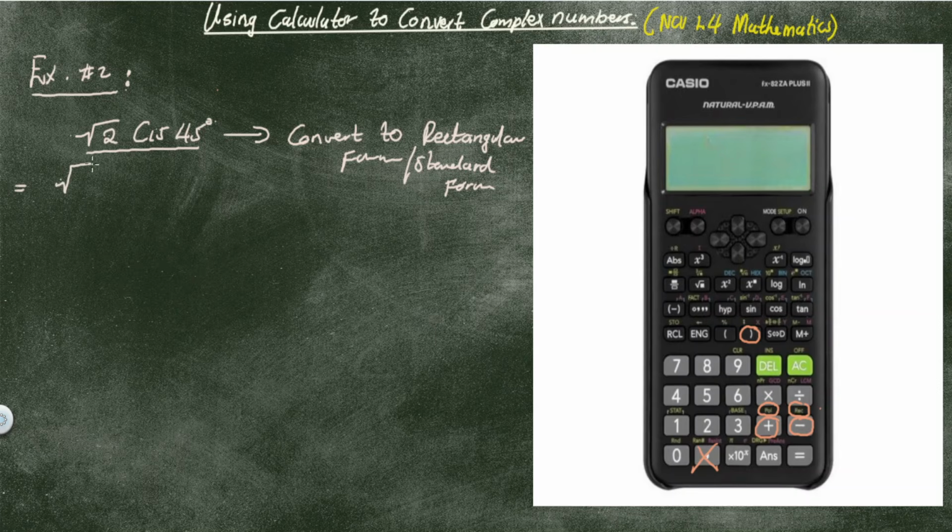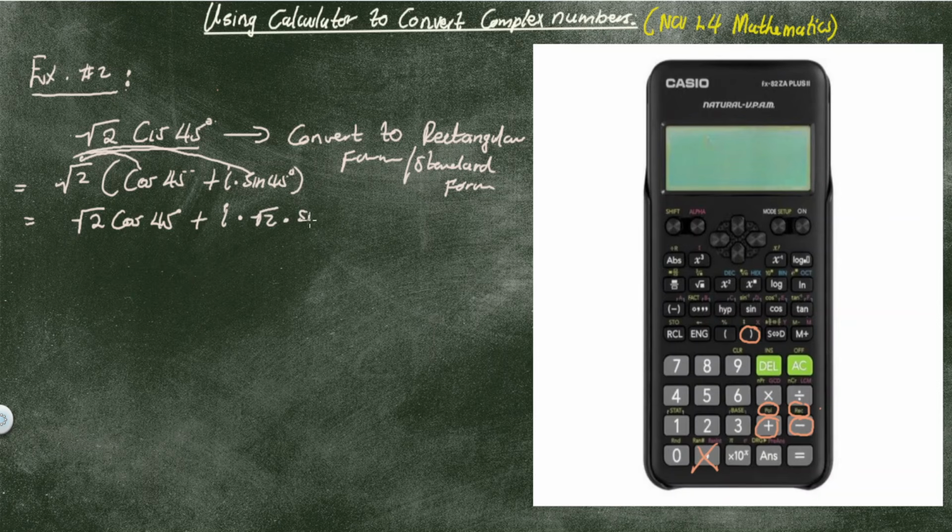Now this is going to be the square root of 2 open bracket cos 45 degrees plus I multiplied by sine 45 degrees equal to, all right, then you take this r and multiply with it inside the bracket. You're going to have a square root 2 cos 45 degrees plus I multiplied by the square root of 2 multiplied by sine 45 degrees.